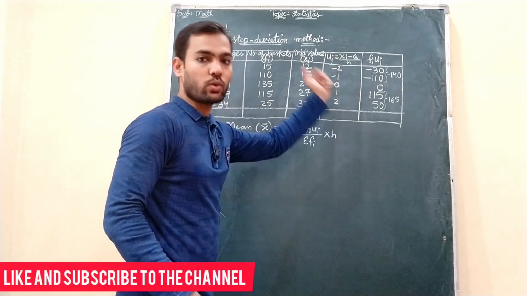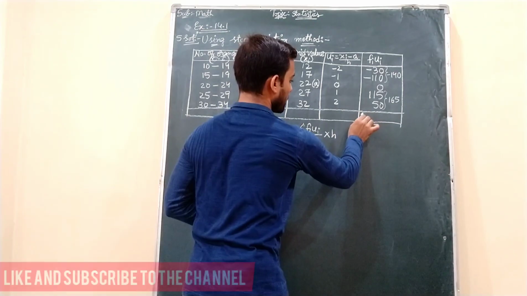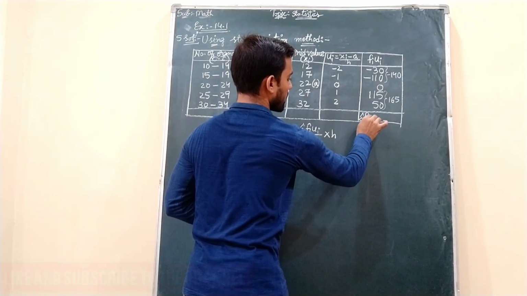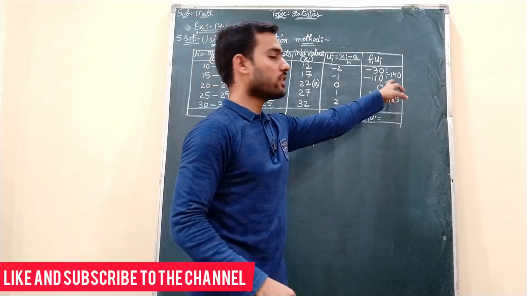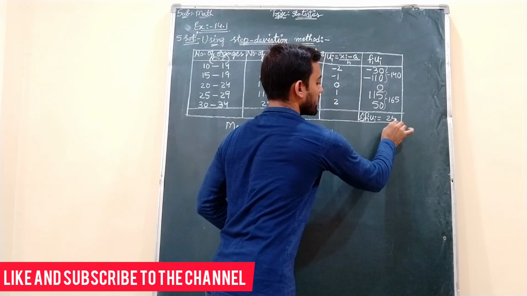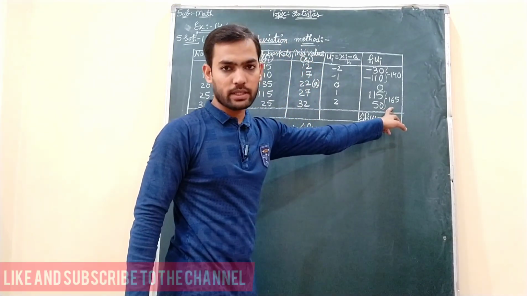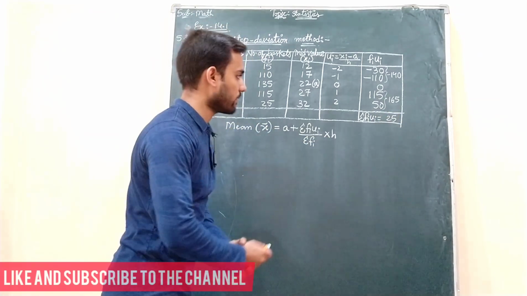So we will do the total of it. Sigma is nothing but summation. So sigma Fi Ui will be 165 minus 140. You will get 25. As 165 is the bigger number, no need to write minus over here. It will be plus 25.